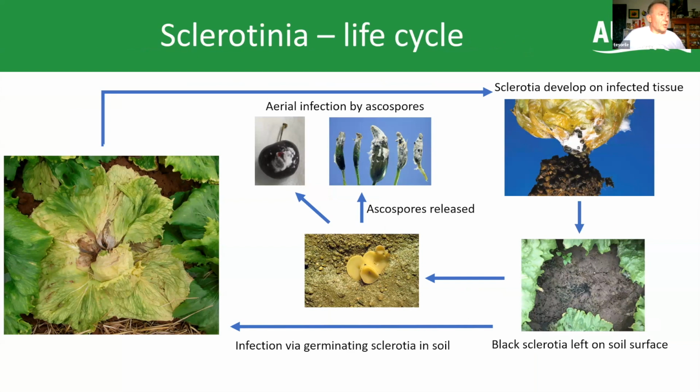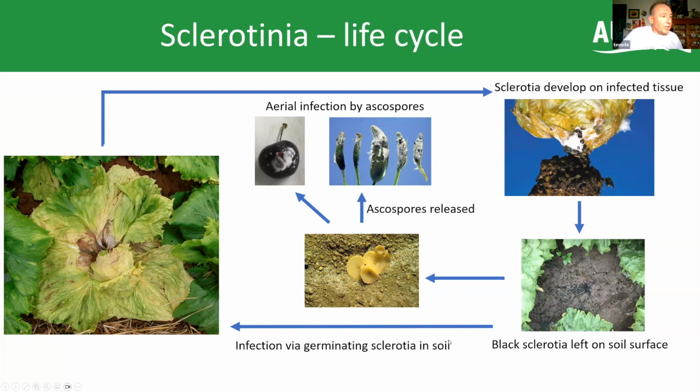So let's look at the life cycle. Where should we begin? Well, we begin with the sclerotia. So let's start with the top right-hand side where you've got a lettuce there, those black sclerotia. As I said, quite often the actual plant tissue will just dissolve away and leave the sclerotia on the soil surface.